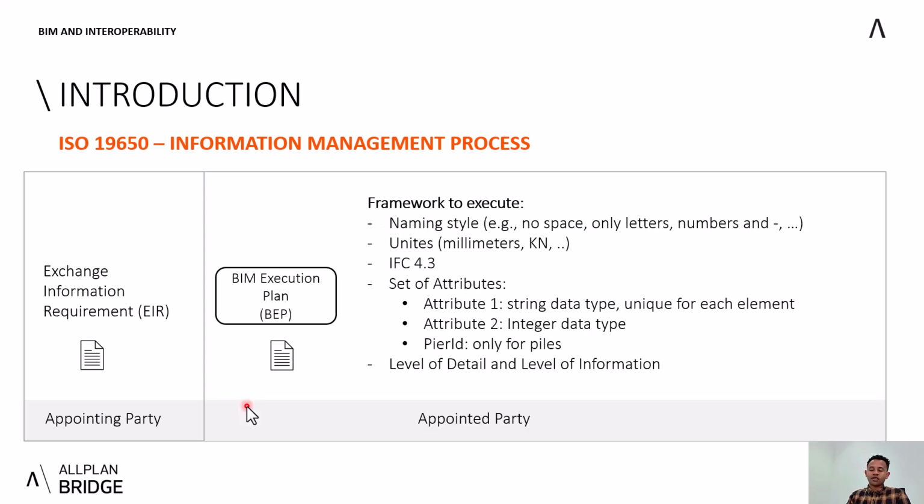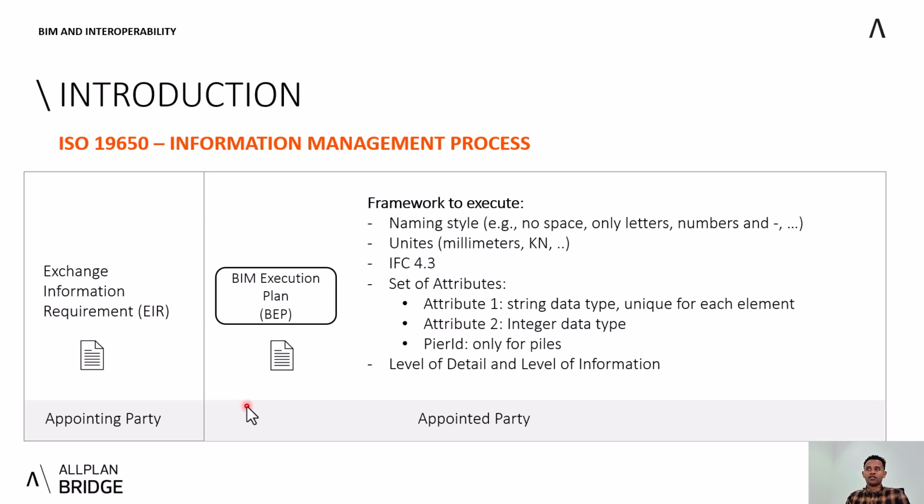So here, the appointed party, let's assume there is a tender and party B or party C has won that, and now they already did the BIM execution plan pre-tender or pre-appointment.